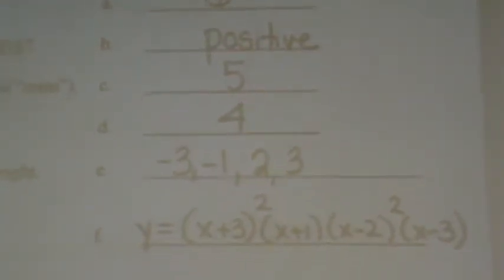Number 15, state the zeros in order as they appear: 1, -2, and 3. Then it's also asking you, what's the multiplicity? Well, 1 is occurring 2 times, so this is even.